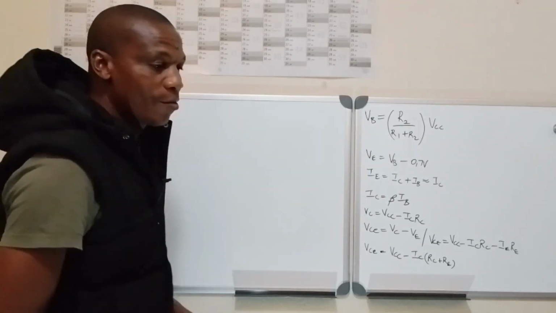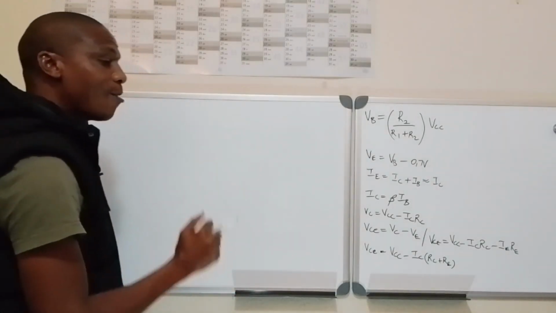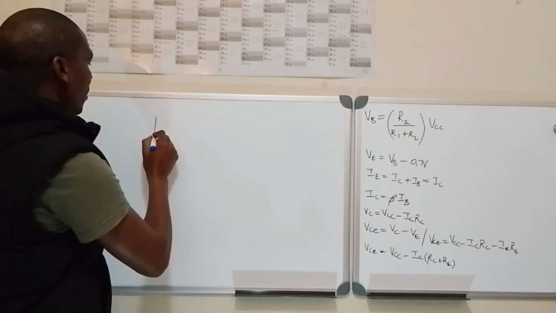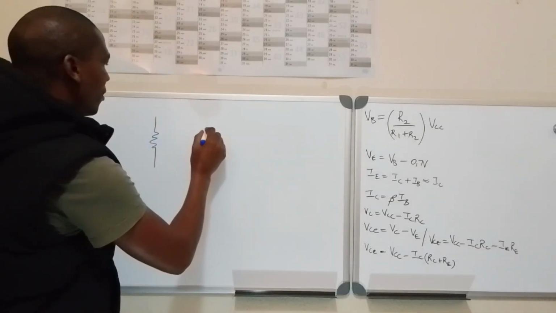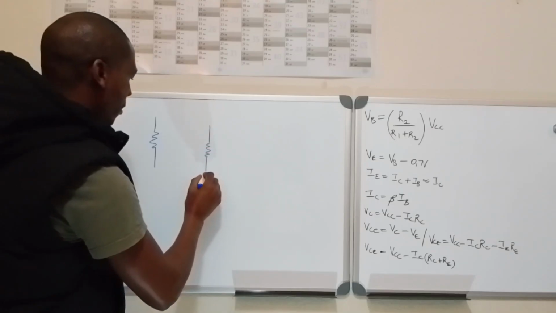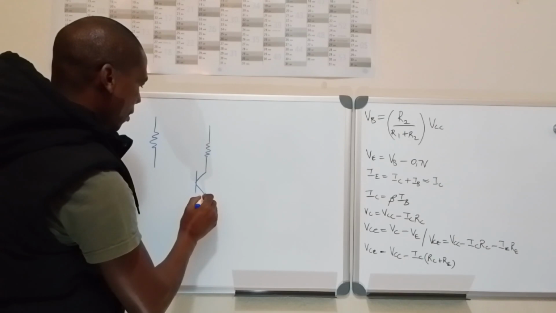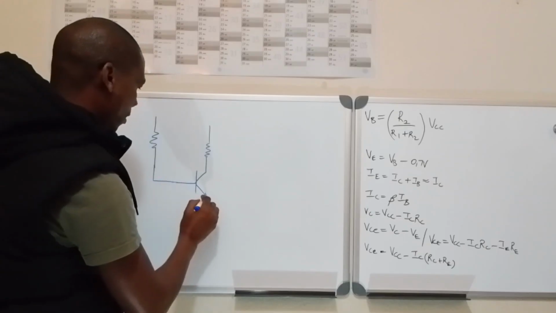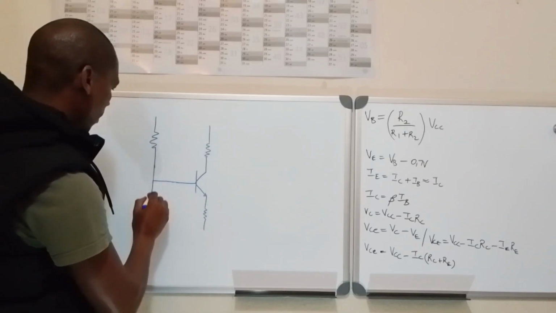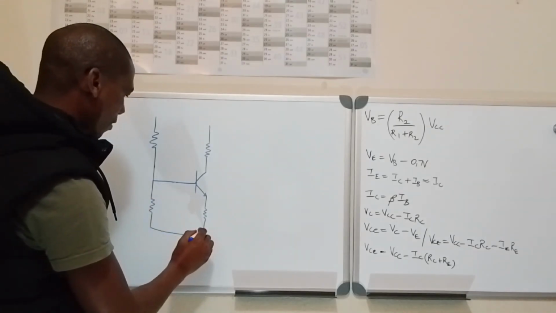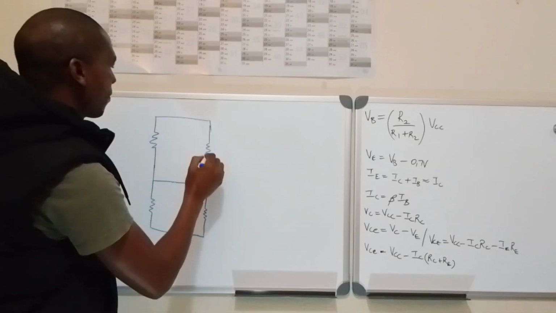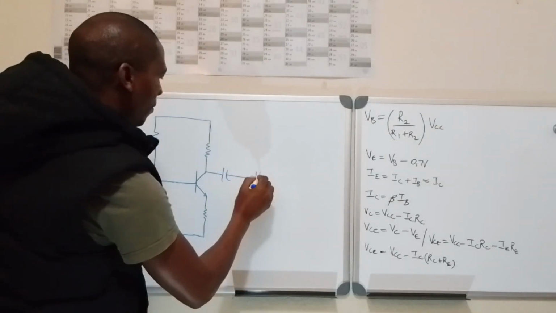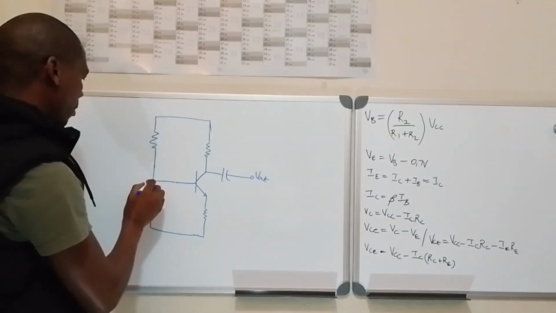Now let's use a voltage divider bias to see how we are going to bias a transistor in the real world. So, resistors.